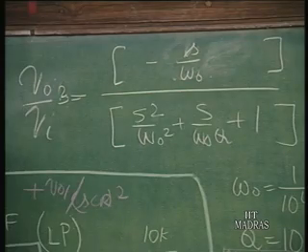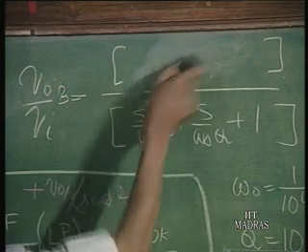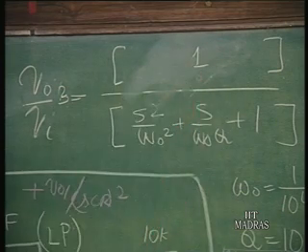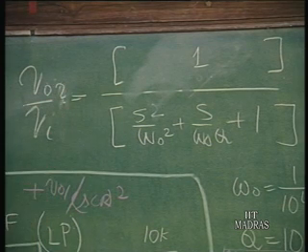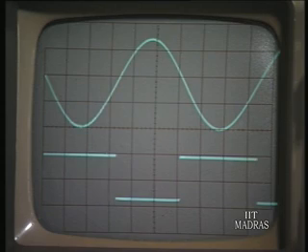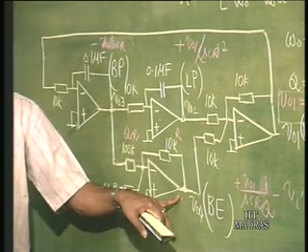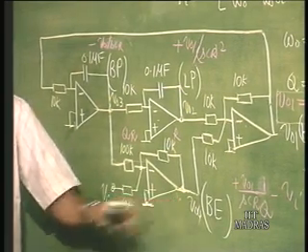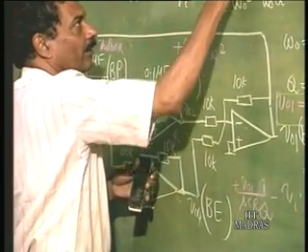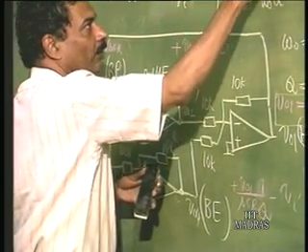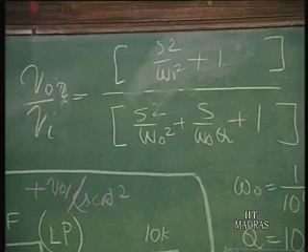This numerator will change to 1, and that will be V naught 2 by Vi. On the other hand, if you take this, it will be a notch output or band elimination output, wherein it will have S squared by omega naught squared plus 1 as its function.